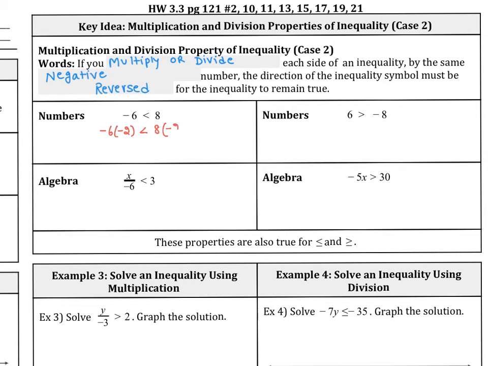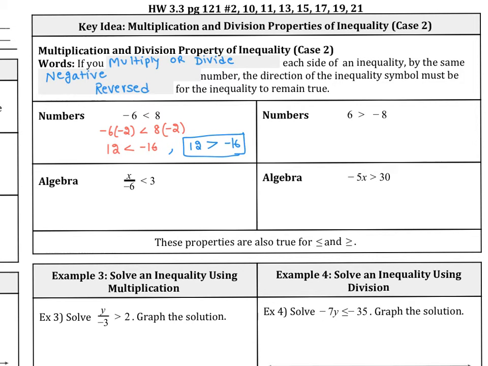So I'm getting 12 less than negative 16, which is not true. It will not be true until I reverse the inequality. So I have to reverse the inequality in order to make it true.